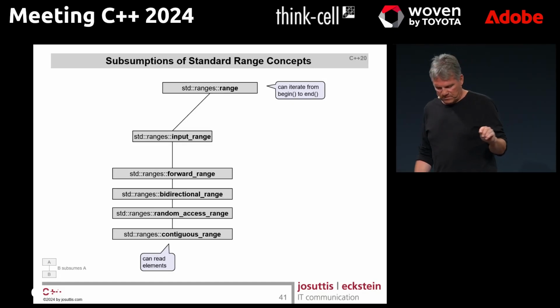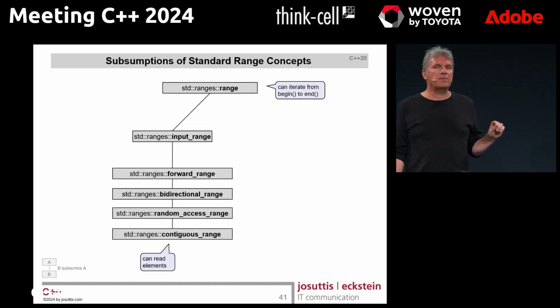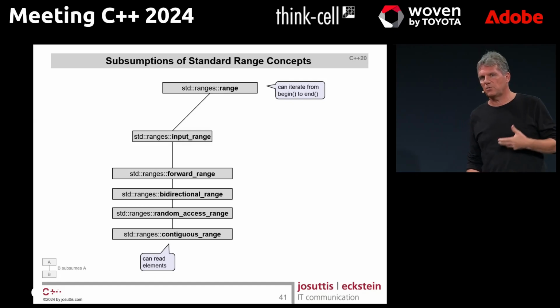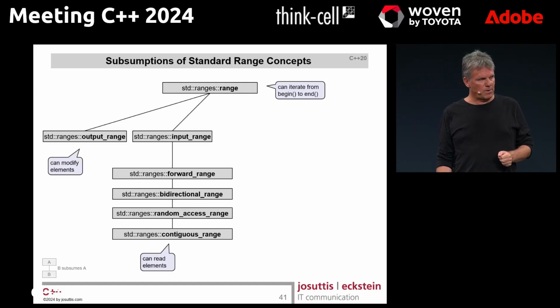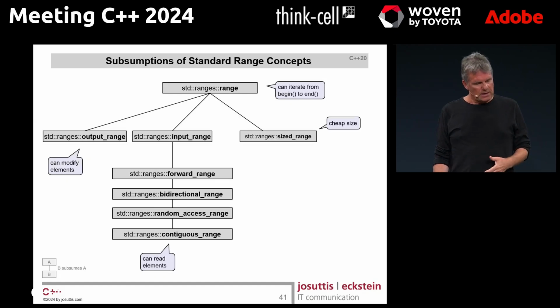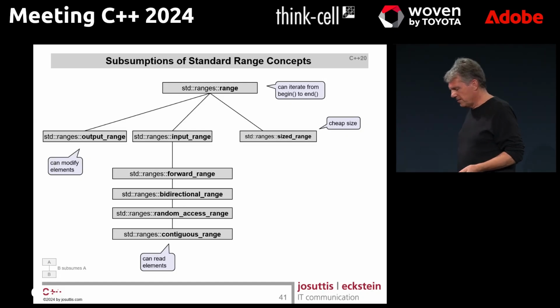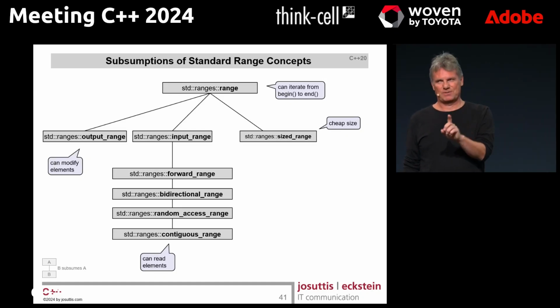All these concepts are concepts to say, let me use a range to read the elements, to read the value of the elements. There are other range concepts like output range, which can be used to check whether you can write new values, assign new values to the existing elements. There's a sized range, which requires, can I ask the range for its size, and is that question cheap?